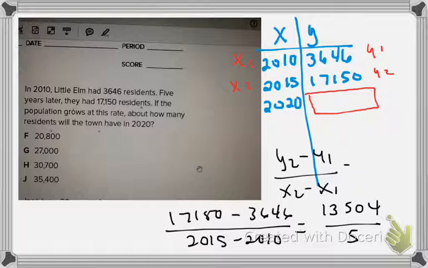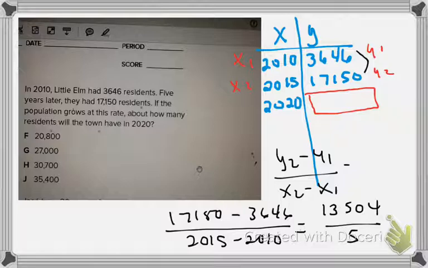All right, and so we know the slope here. So this is going up by, let's subtract. We know that's going up by 13,504. So I can probably just add another 13,504, and we should get our answer here.